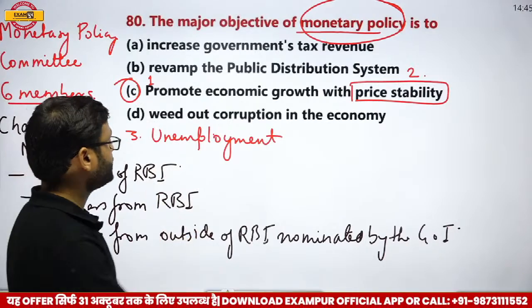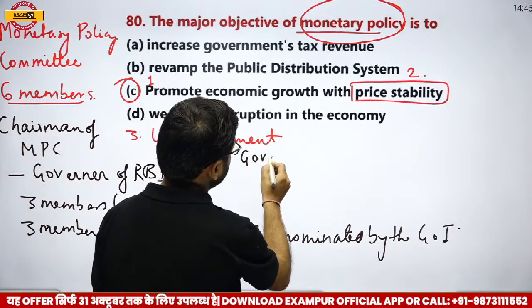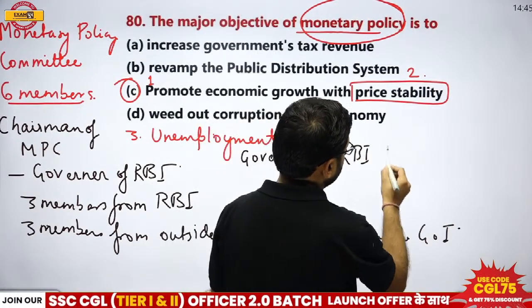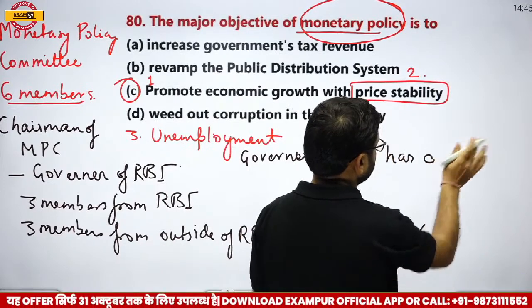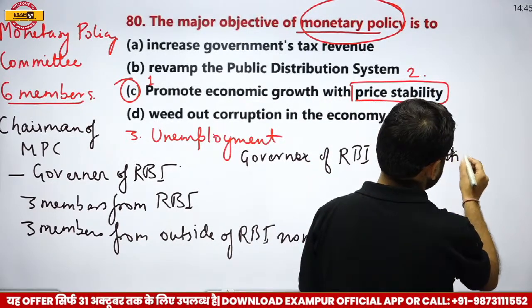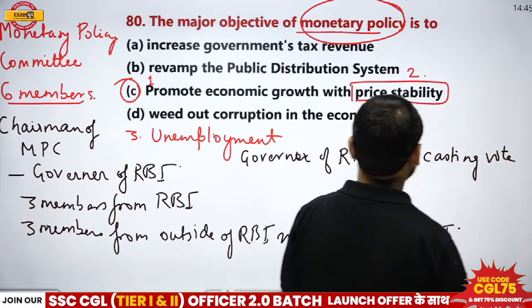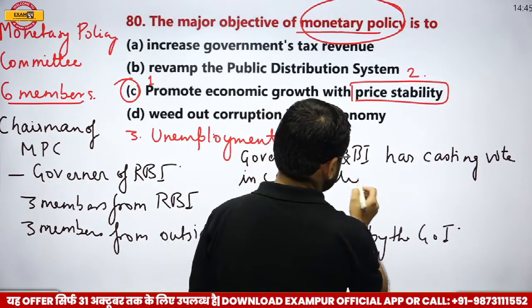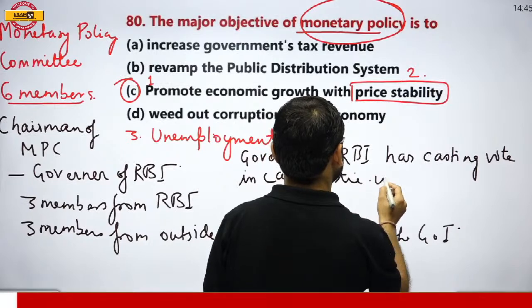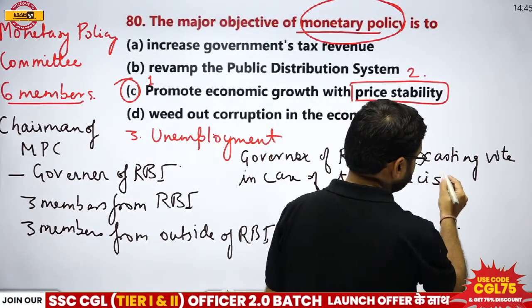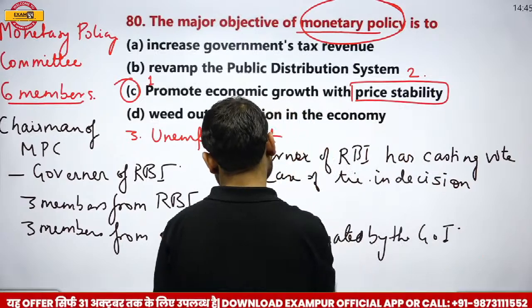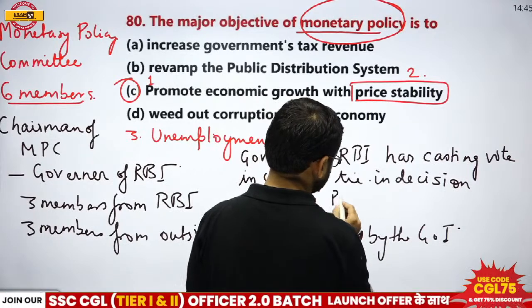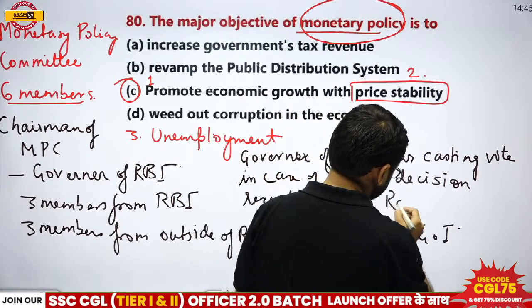Okay, you should also remember that the Governor of RBI has casting vote in case of a tie in decision regarding policy rate.